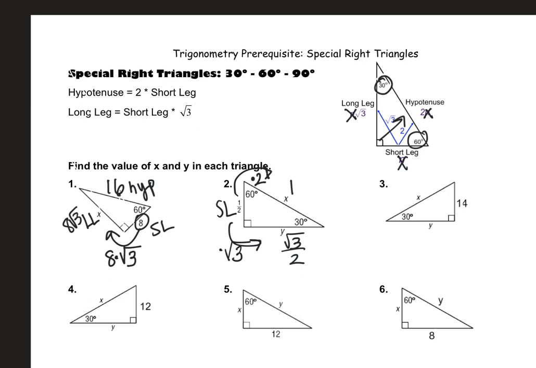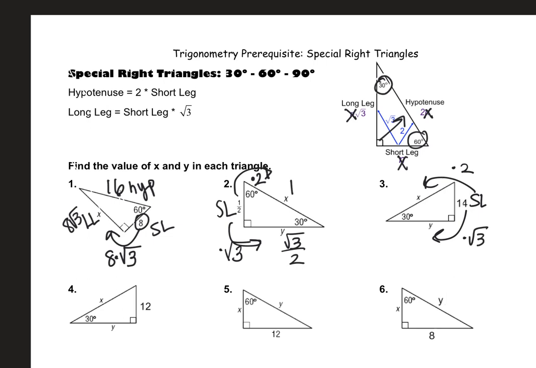How do you know which one's the short leg? Whatever's across from 30 is the short leg. So 3, which one are they giving you? 14, which is the short leg. So to go from short to hypotenuse, times 2, and to go from short to long, times radical 3.